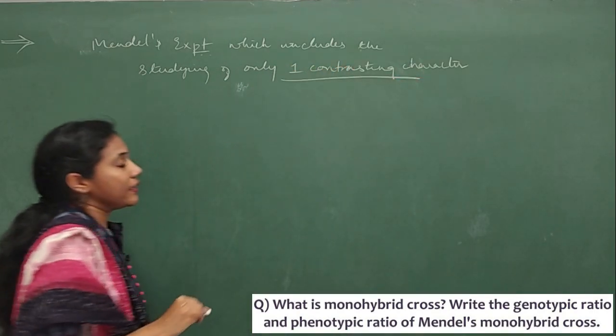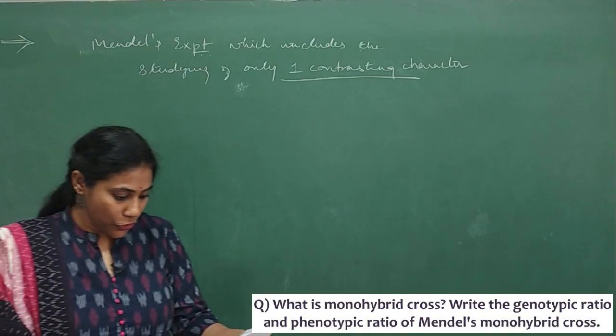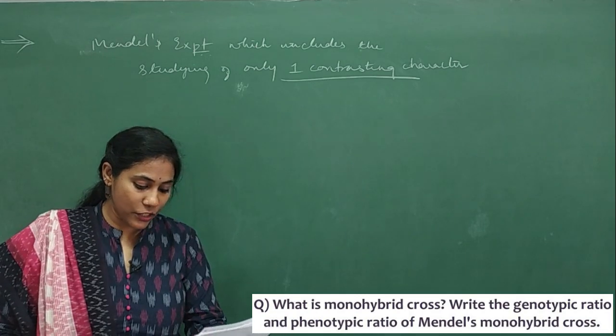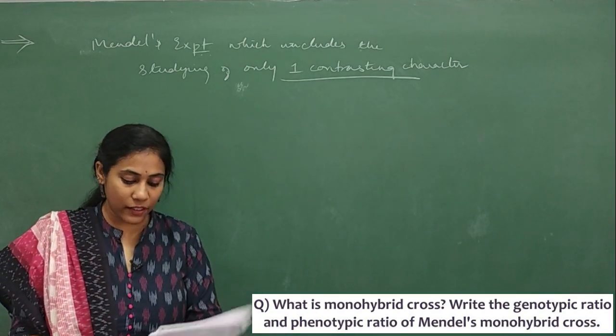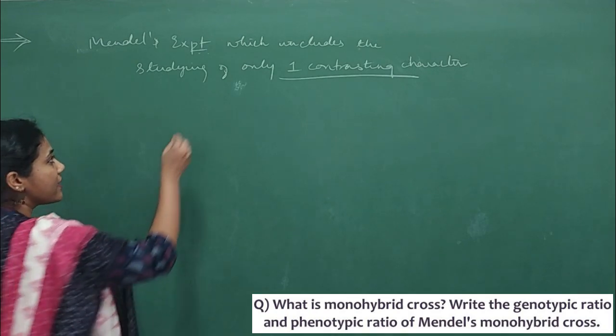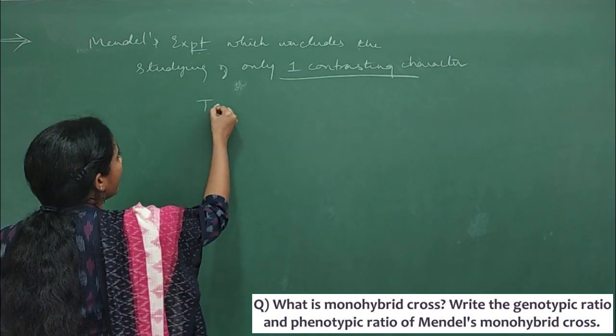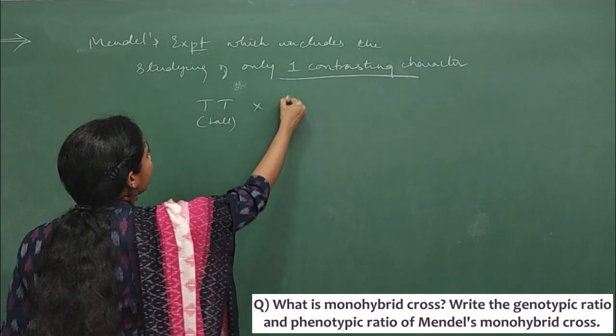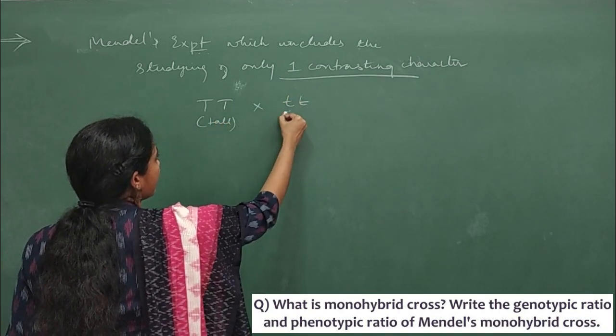Very, very important. Okay. And they also asked you to write the genotypic ratio and phenotypic ratio of Mendel's monohybrid cross, right? Let us mention the ratios by taking one example. So let me take a tall plant crossed with a short plant, isn't it?